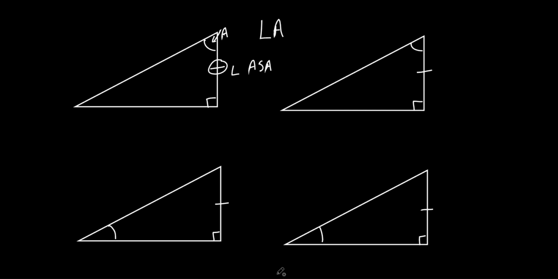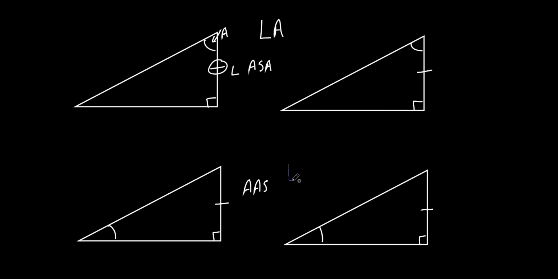But what's the old-fashioned way? Angle, side. Right, very good. If you didn't know anything about the right triangle congruence theorems, you could have just said angle, side. But since you know it's a right triangle, we could also use leg, angle. That's supposed to be an L. Kind of looks like an angle symbol, doesn't it?